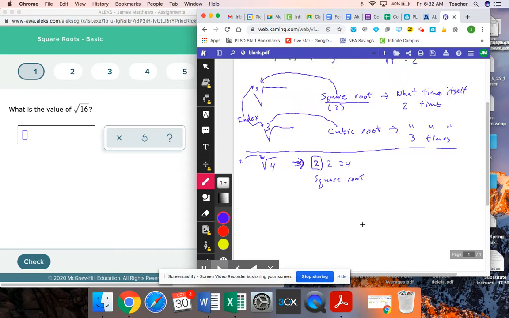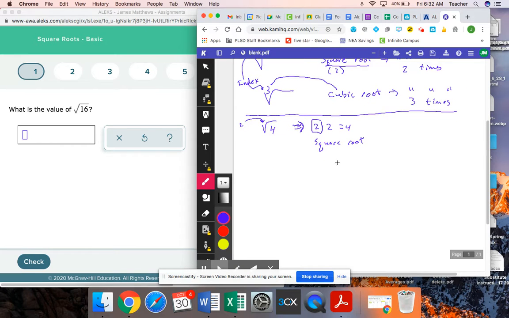All right. I want to make sure we're clear, though, that I could also write this as -2 times -2. That also gives me a positive 4. And so -2 is also a square root. But it is so common when we are dealing with what we're dealing with right now, we only want the positive version.